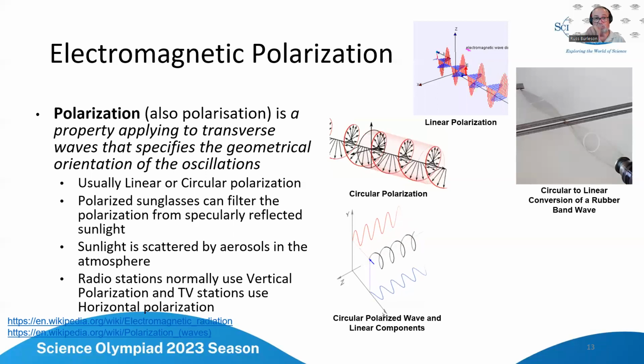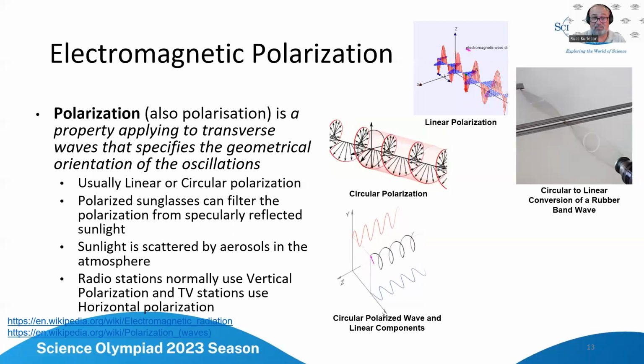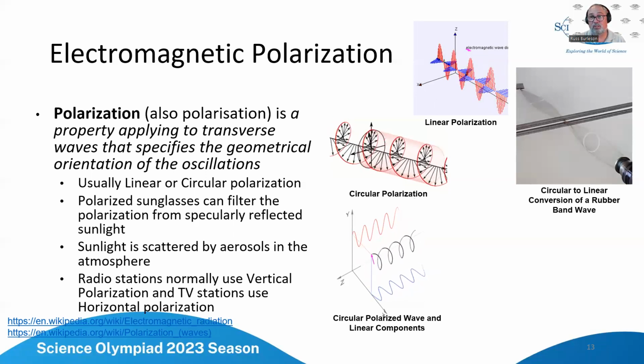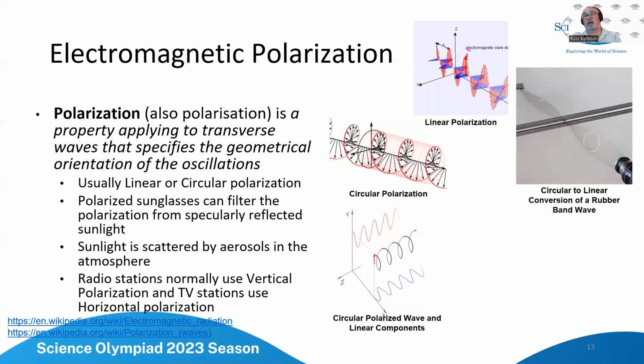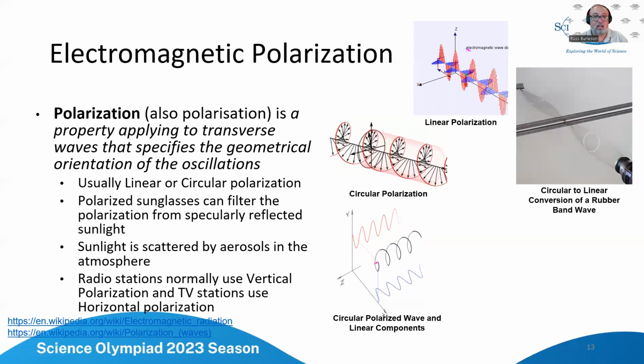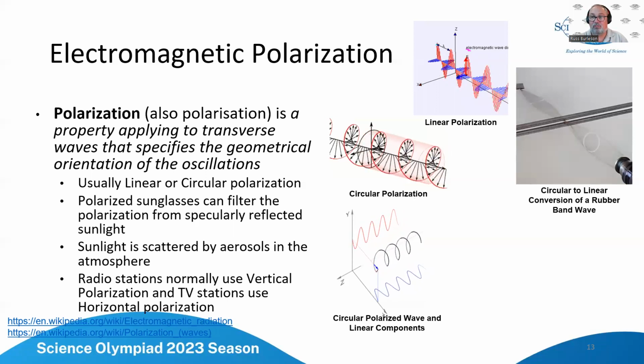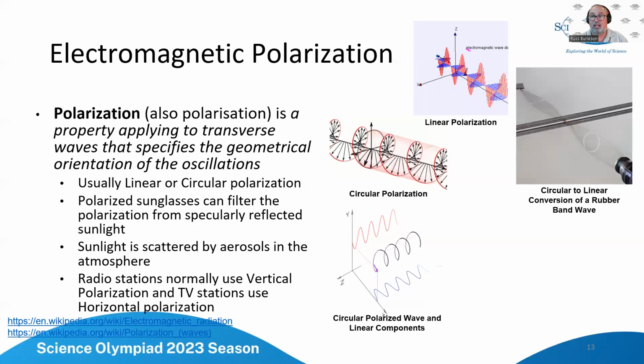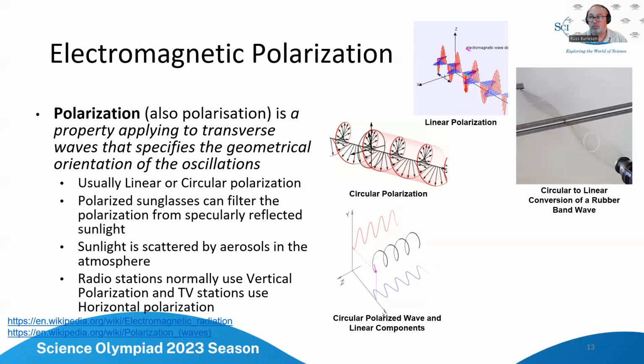Light loves to do circular polarization. You'll find out that sunlight can be scattered by aerosols in the atmosphere, okay?